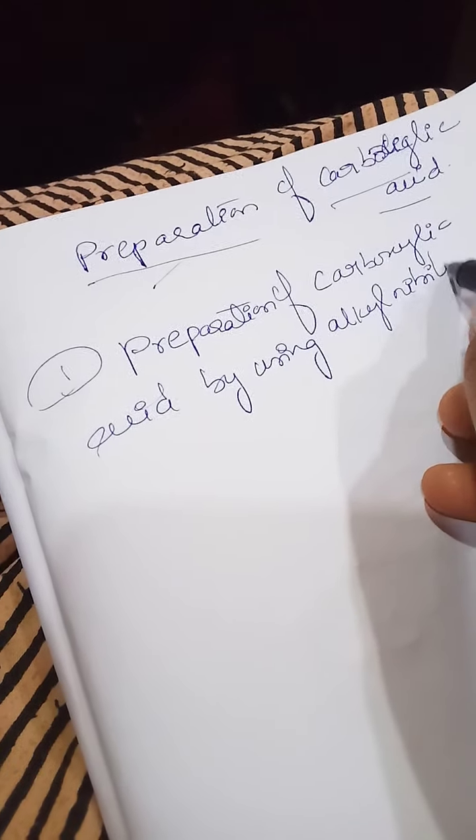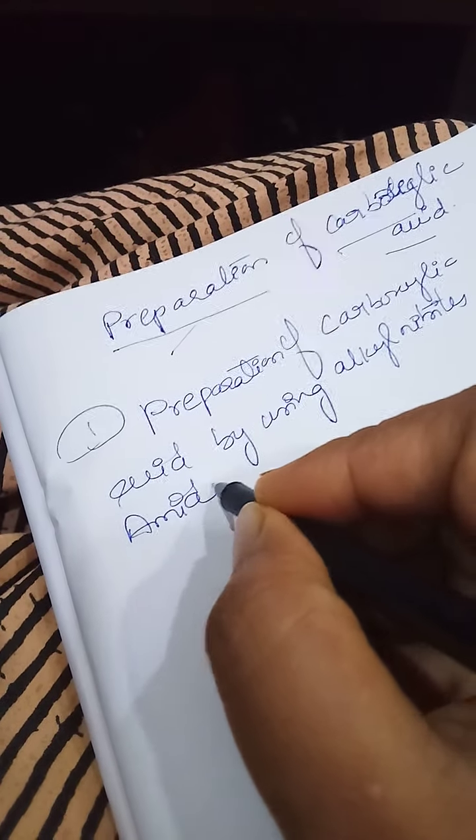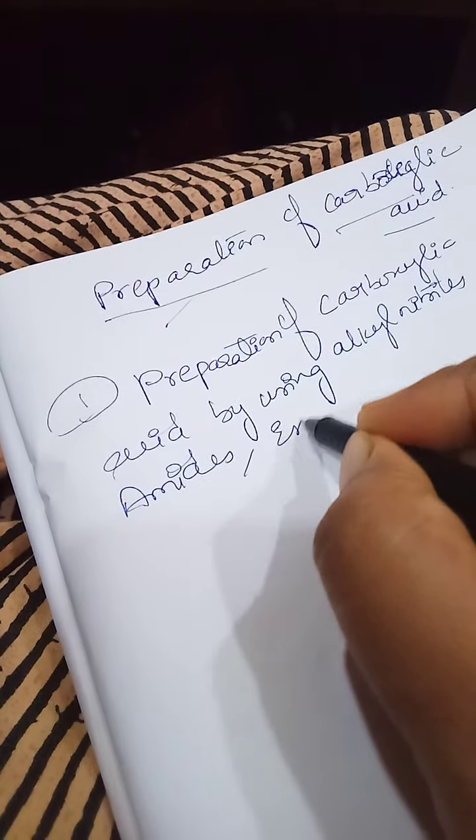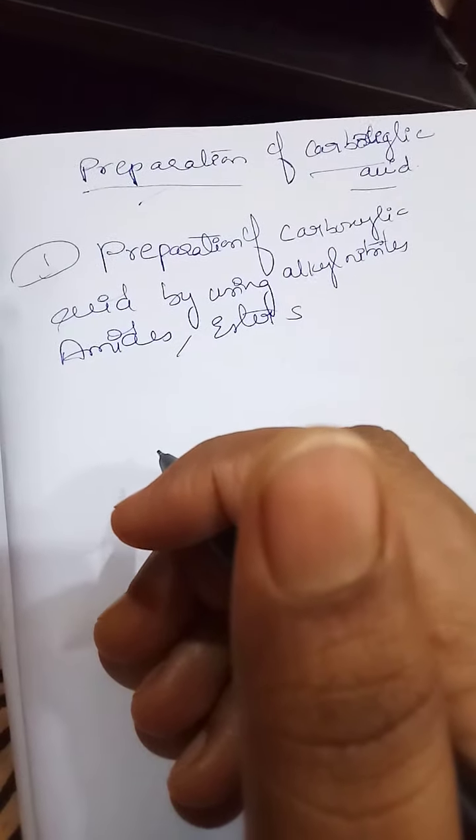By using alkyl nitriles, or amides, or esters, we can prepare the carboxylic acids. So first, what I have written here is the preparation of carboxylic acid by using alkyl nitriles.